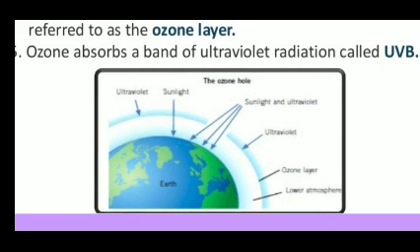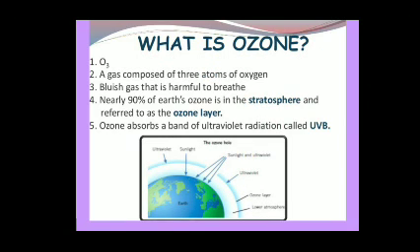So here, see the ozone layer like a blue band around the earth, above 35 to 50 kilometers. That is the stratosphere, in which ozone is present. So UV rays fall directly on Earth when there is ozone layer depletion.